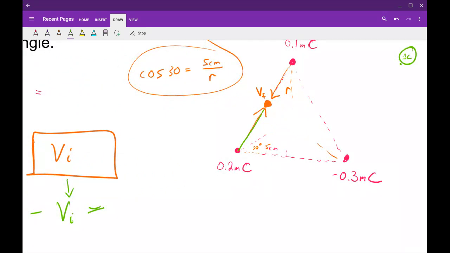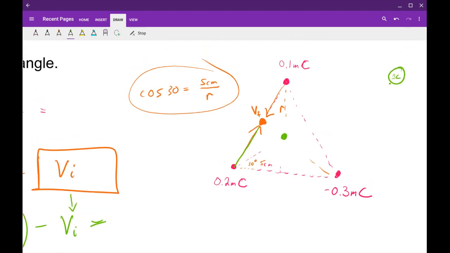Right now I'm trying to figure out the field strength at this particular location. Remember, what would happen to a charged particle placed here? It would get pushed down by this charged particle, pushed that way by this one, and pulled this way by this one.